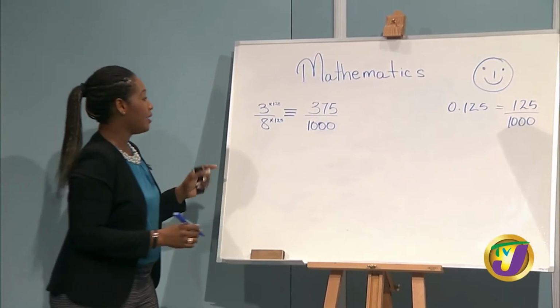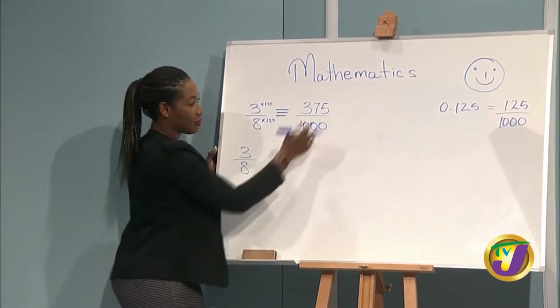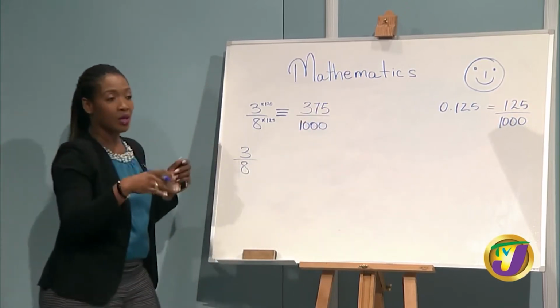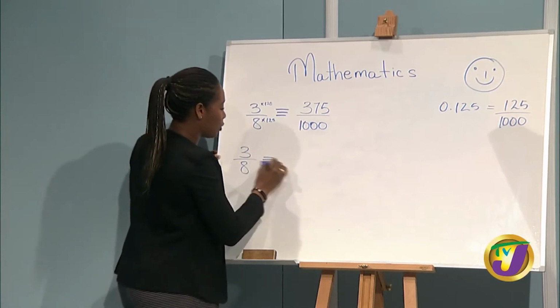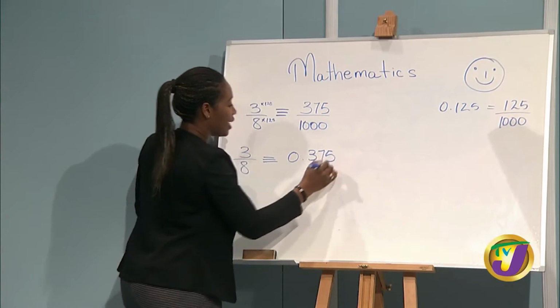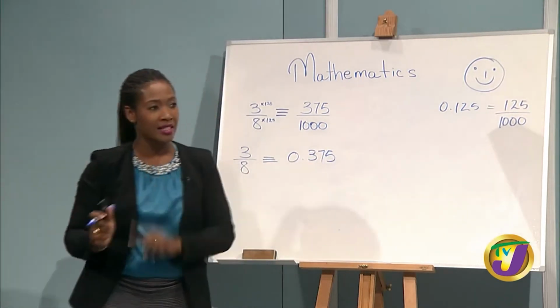So what we're saying, 3/8, and let's read this now, 375 thousandths, with a TH there, is equivalent to 0.375, and the name of it is 375 thousandths.